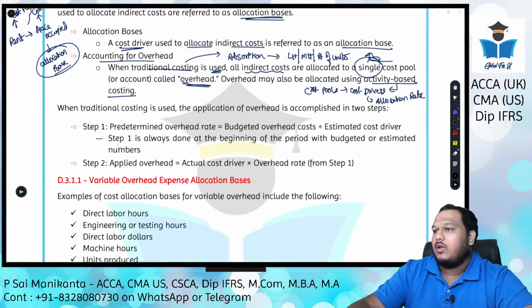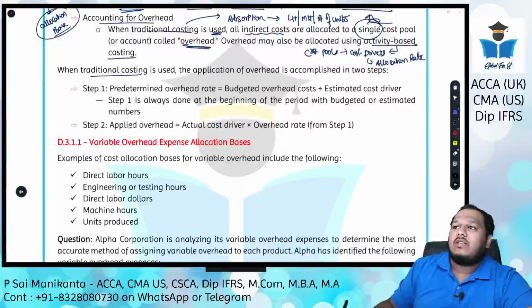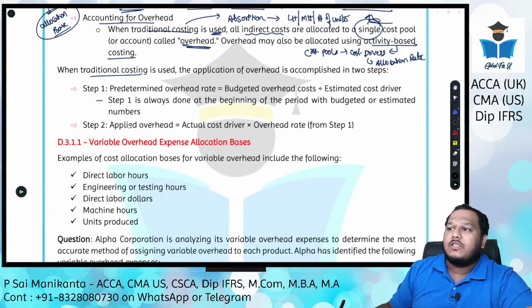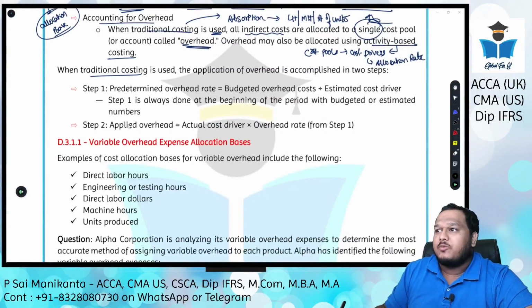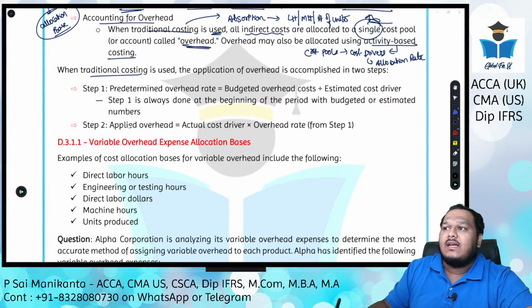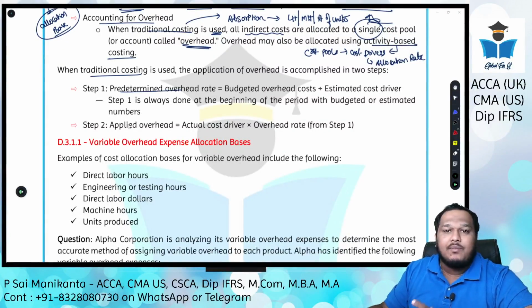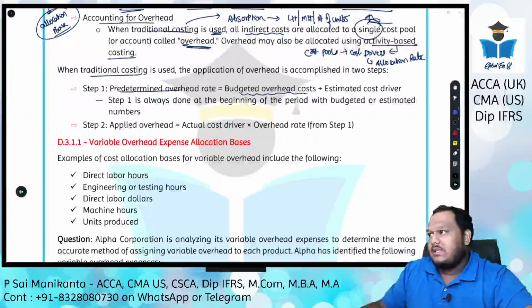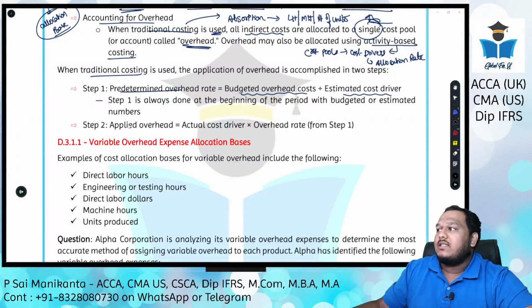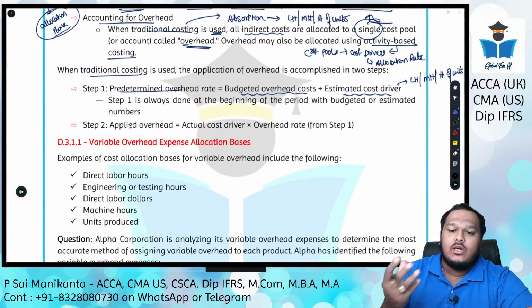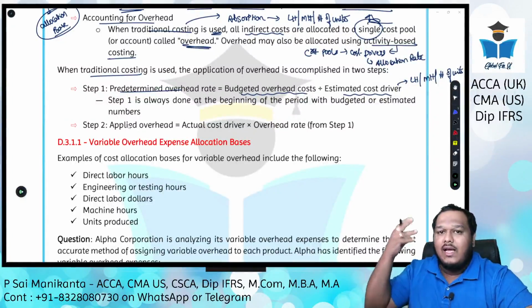You remember all this. Now, when traditional costing is used, application is accomplished in two steps. How do we do it in absorption costing? First we calculate the predetermined overhead rate: estimated budgeted overheads divided by estimated cost driver. Usually the cost driver will be labor hours or machine hours or number of units. I'm repeating multiple times so that it will be in your memory forever.